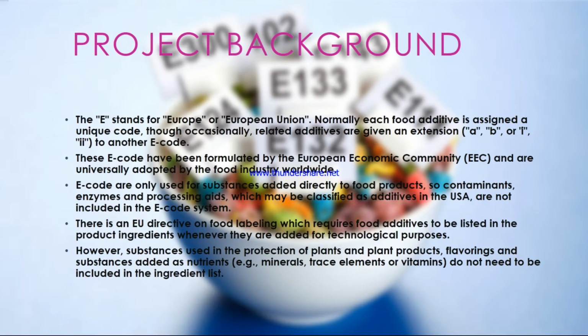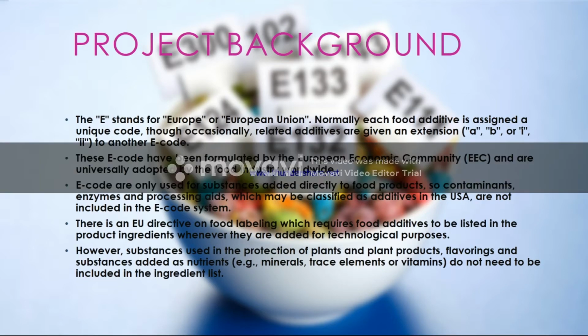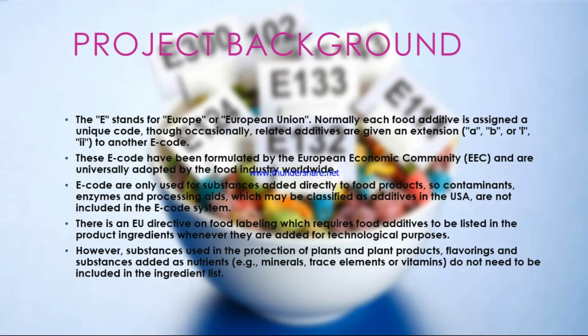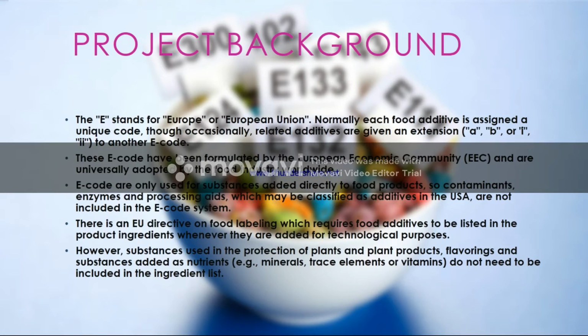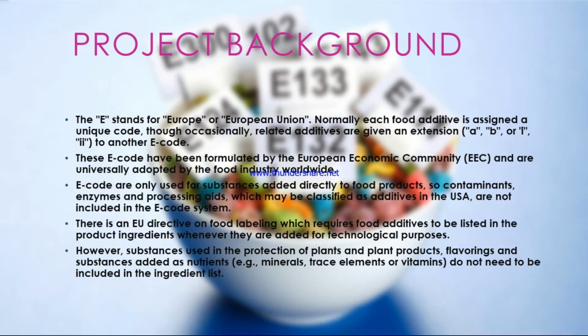Normally, each food additive is assigned a unique code, though occasionally related additives are given an extension A, B, or I, or double I, to another E-code. These E-codes have been formulated by the European Economic Community, which is EEC, and are universally adopted by the food industry worldwide.